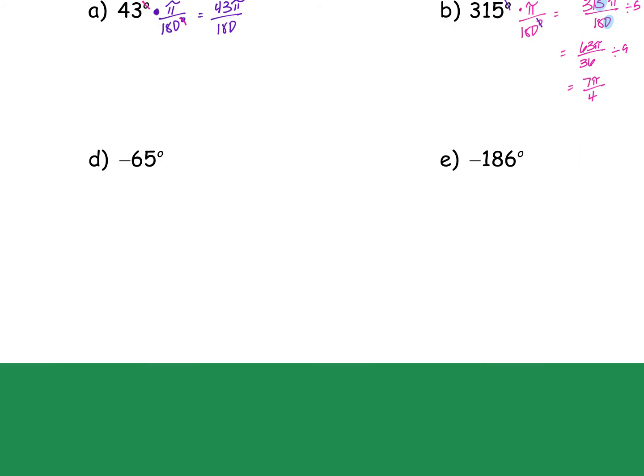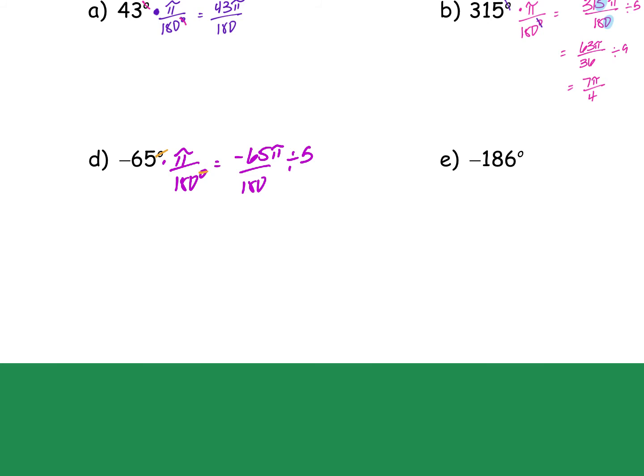Okay, here we go. So I'm going to multiply by pi over 180 degrees. So my degrees go away. And I get negative 65 pi over 180. I think I'm going to divide by 5.